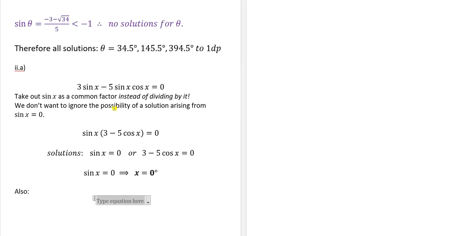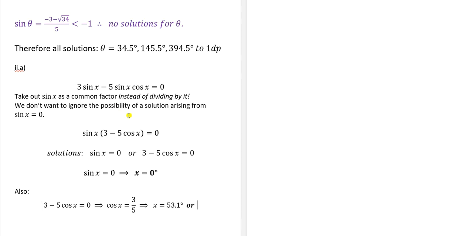So we found one of our errors. You divided by sine x instead of taking it out as a common factor. What about the other error? 3 minus 5 cos x equals 0. I'm happy that you did this bit right. 3/5. We get x equals 53.1 degrees by doing inverse cos, just like the student did.